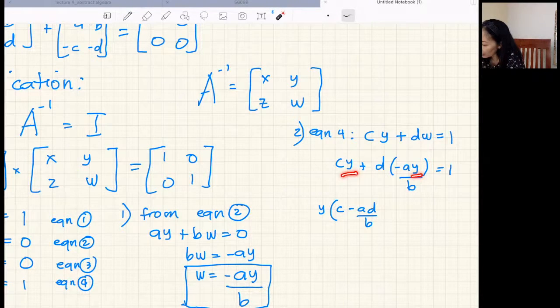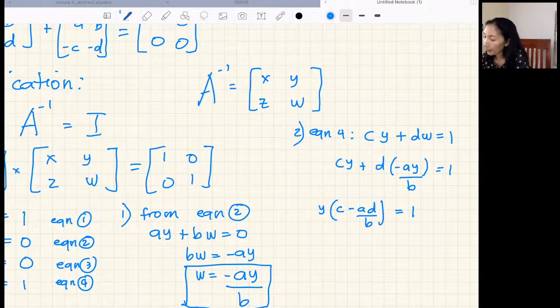There you have it. So, times C minus AD over B is equal to 1. I can express this as Y times BC minus AD all over B is equal to 1.